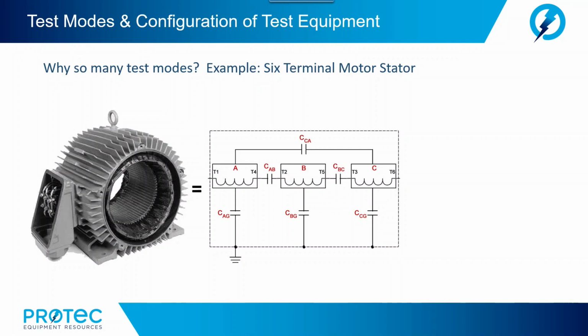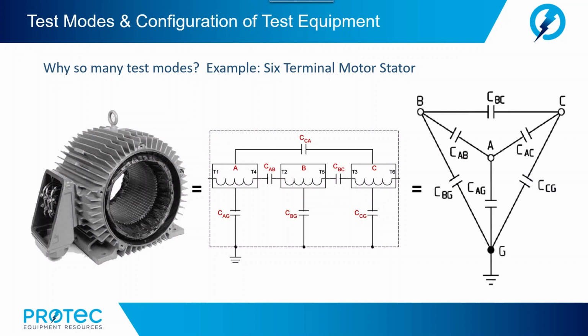We have capacitance from the C to B, the A to B, capacitance from winding B to C, and also capacitance from winding C to A. A slightly more complex insulating system. And here would be the equivalent circuit.